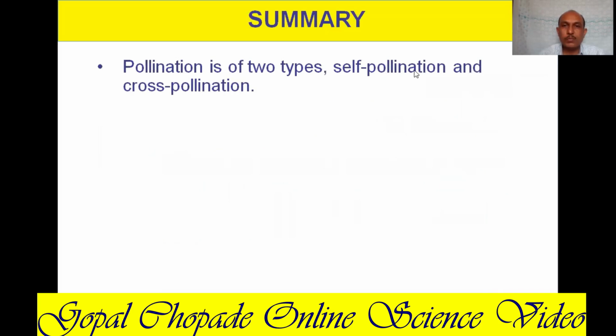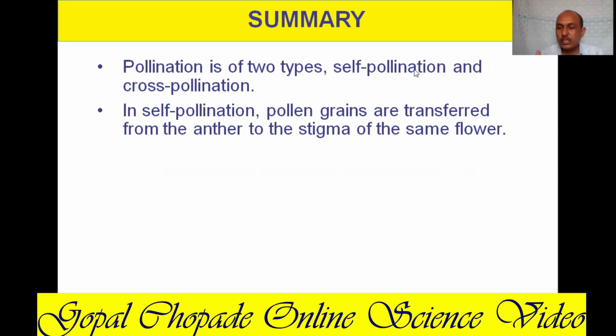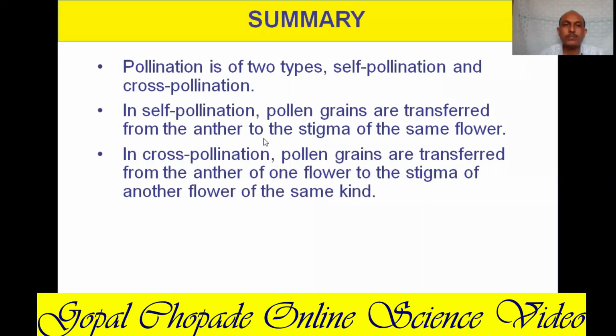In self-pollination, pollen grains are transferred from the anther to the stigma of the same flower. In cross-pollination, pollen grains are transferred from the anther of one flower to the stigma of another flower of the same kind. That is very, very important. Mango to mango, not different plants.